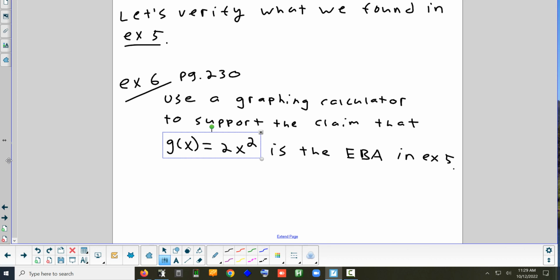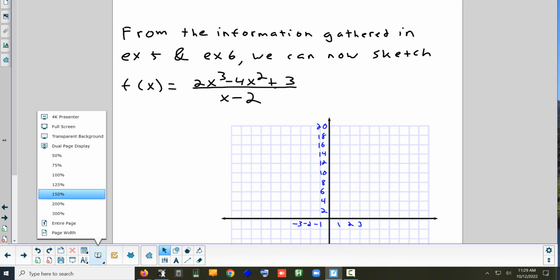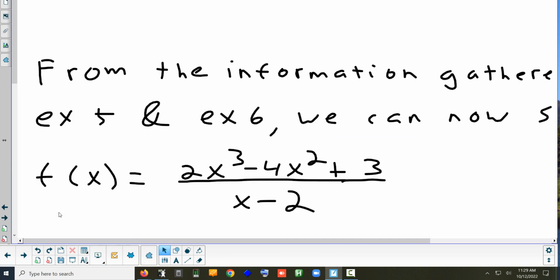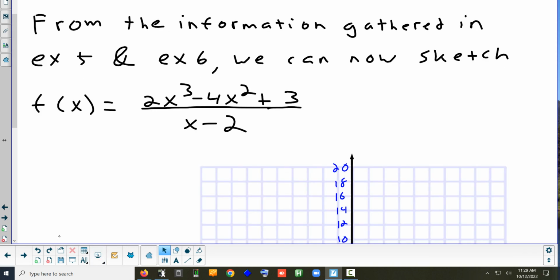So we did that. That was purely just a calculator question. And now let's try to graph that one we just did by hand. The first step to graphing something like this would be to find your asymptotes. We found the EBA by doing long synthetic division.